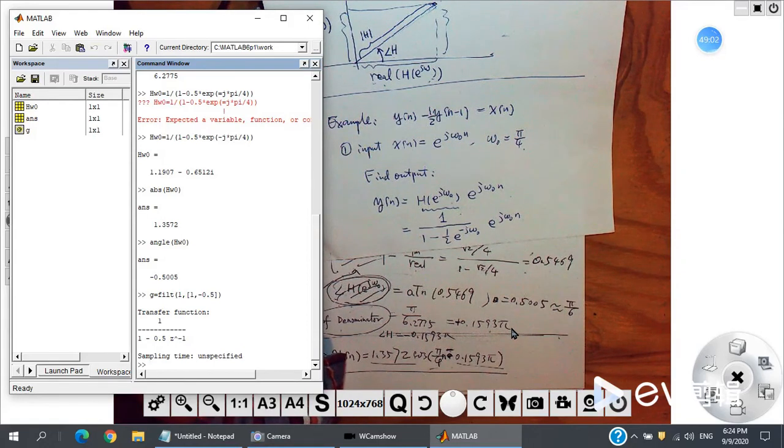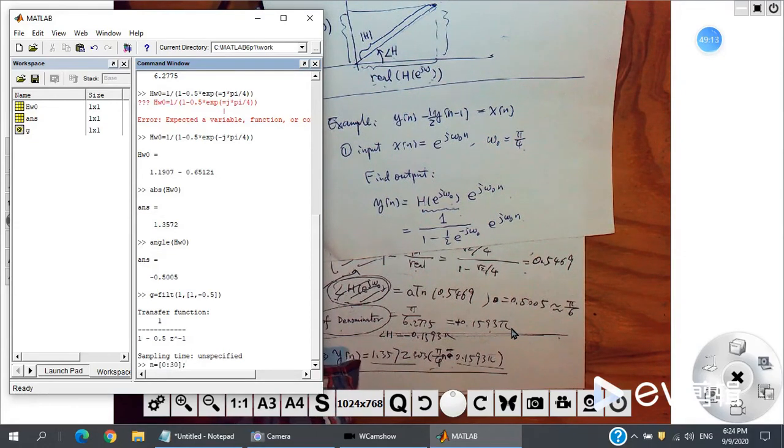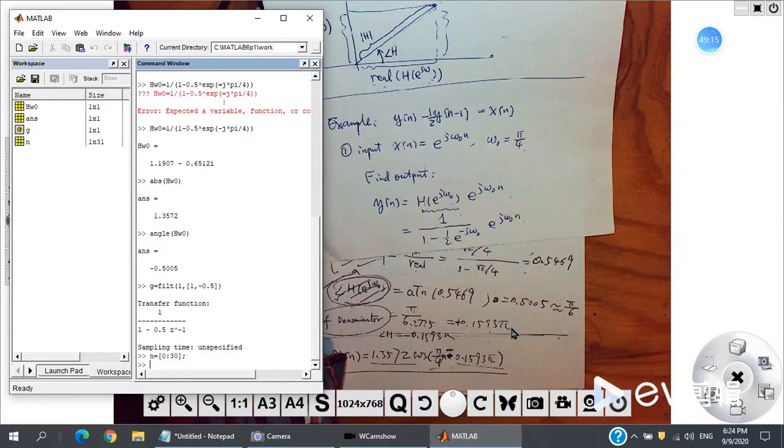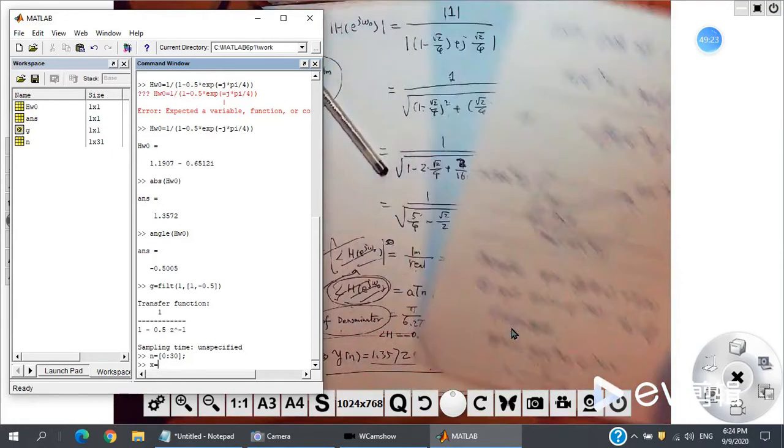I use n running from 0 to, for example, 30. I use 30 numbers, and the input x is a cosine. Second example, I use cosine.